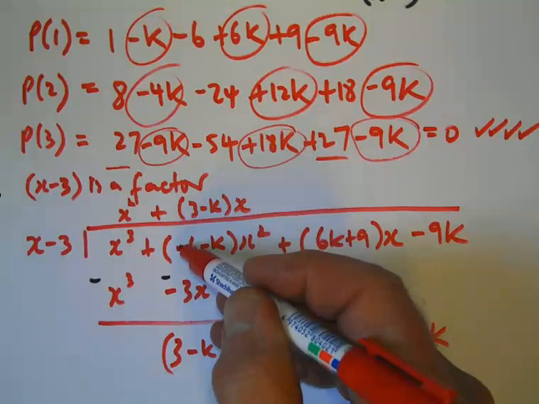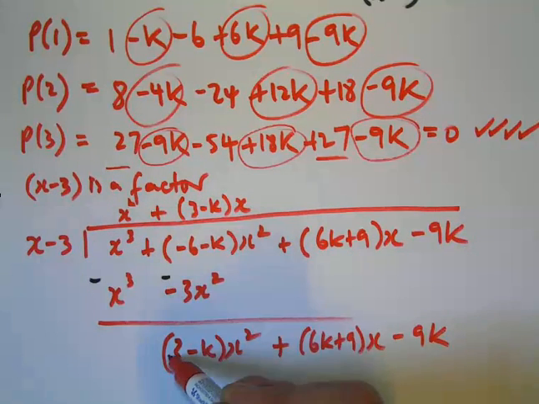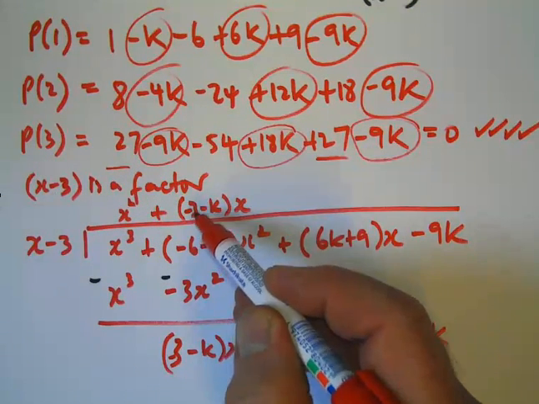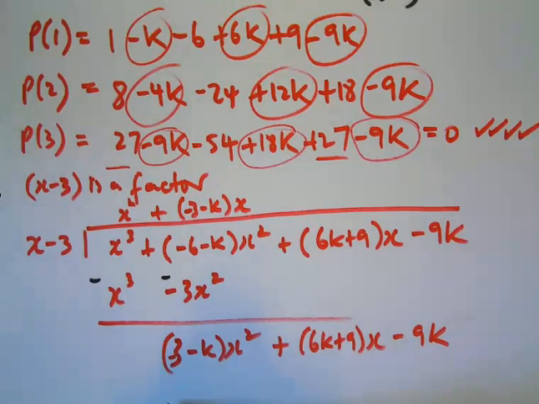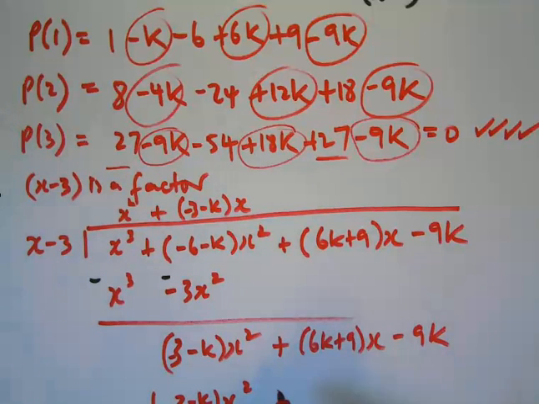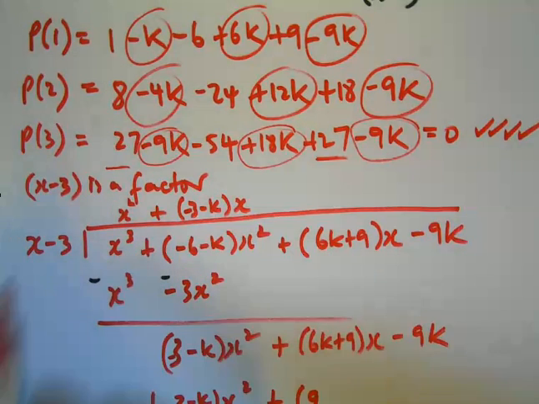Minus 3 times x will give me minus 3 minus k times x squared. Minus 3x times minus 3 gives me plus 9. Minus k times minus 3 gives plus 3k x.